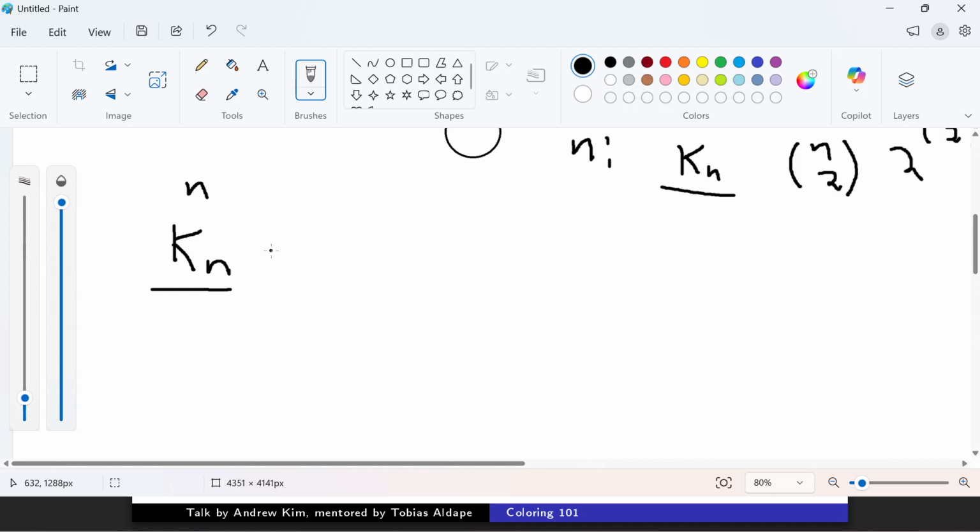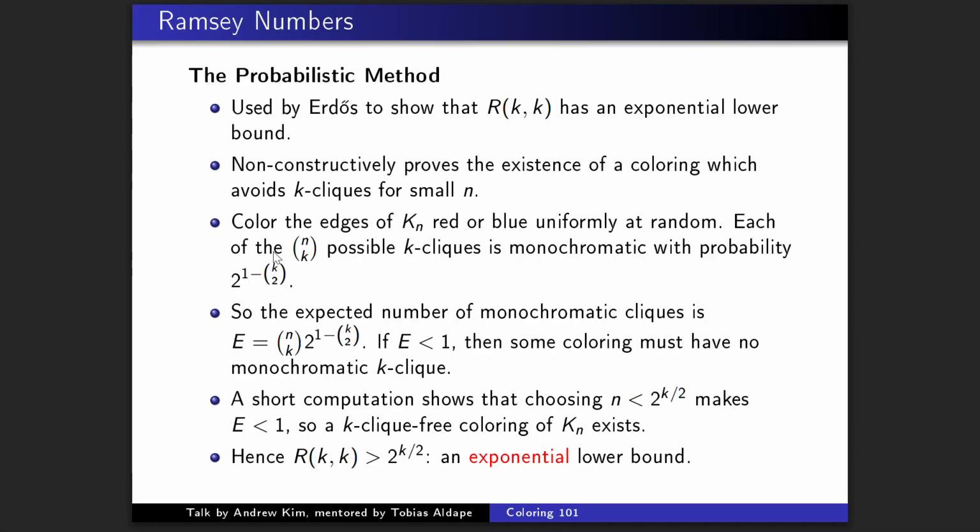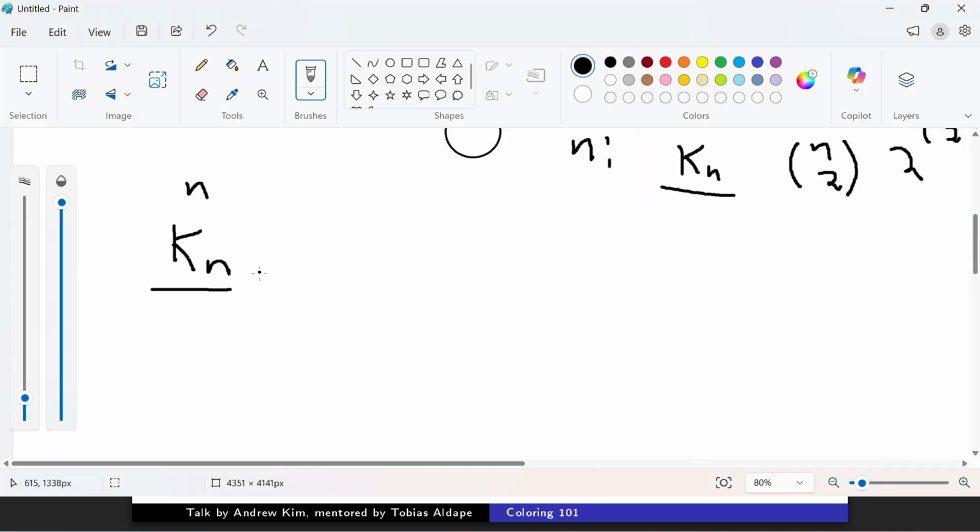And then if you choose n such that this expected value is less than 1, well, the expected value is just the average across all of the random colorings. So if the expected value is less than 1, there has to be some coloring with 0 K cliques. That means that the Ramsey number is at least n for small enough n that satisfies E is less than 1.